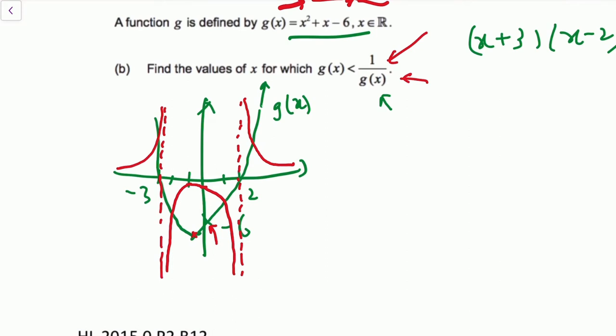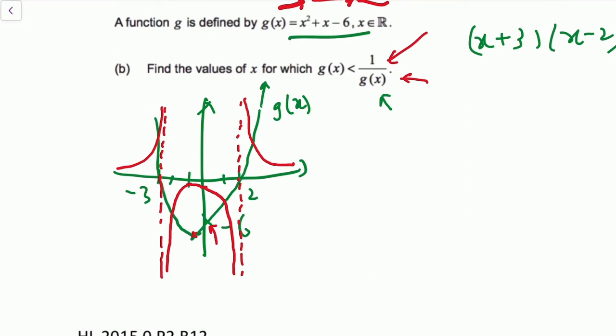Now the exact shape around this region cannot be easily determined using this method. But if the exam wants you to just graph these in paper 1 by hand, they probably won't be too picky. So this is how you draw 1 over.